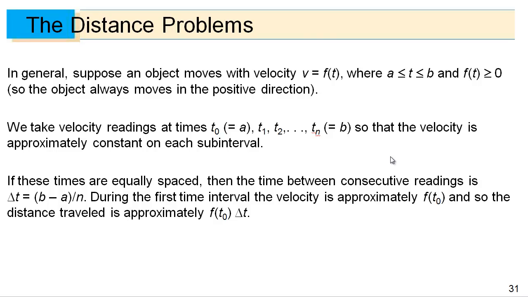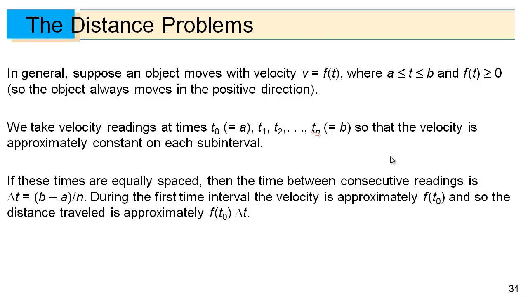Okay, so if these times are equally spaced, then the time between each consecutive reading is always just going to be this change in t, this delta t, which is always just going to be b minus a over n, the exact same thing we did to find delta x. And so during the first time interval, our velocity is going to be approximately f of t0, and thus the distance traveled is approximately f of t0 times that delta t.